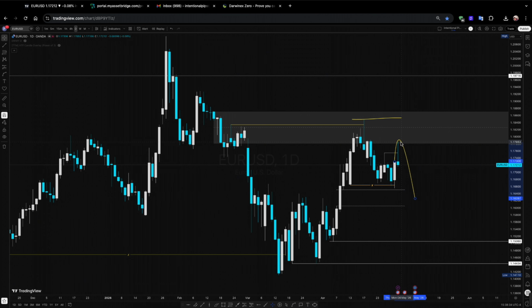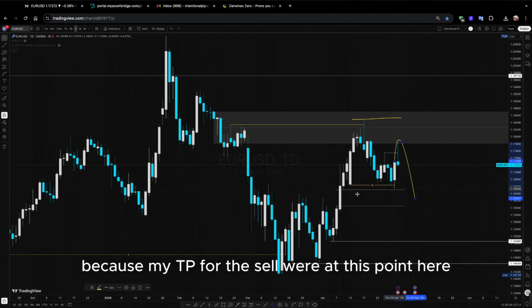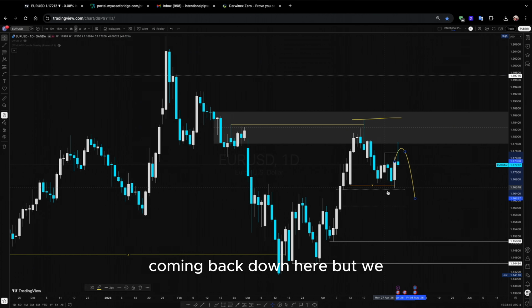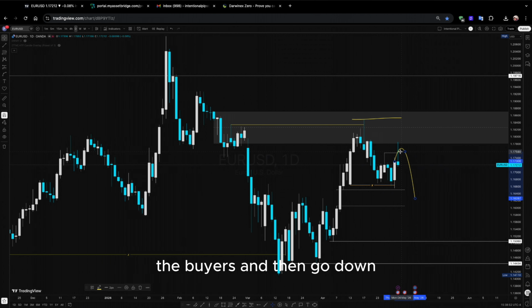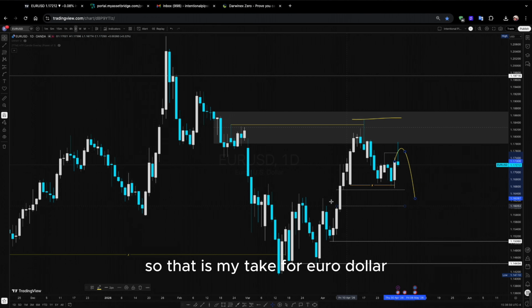Yeah, I missed my target by a few pips because my TP for the sell was at this point here, but this week I still want to see price coming back down here, but it has to buy first to manipulate the buyers and then go down. So that is my take for euro dollar.